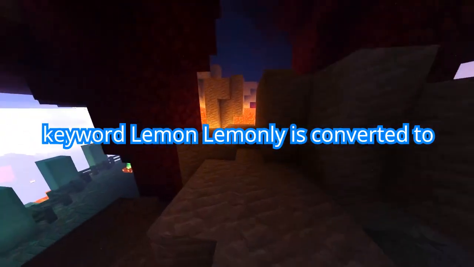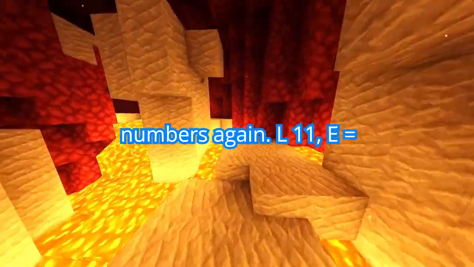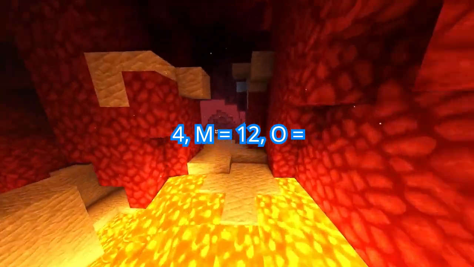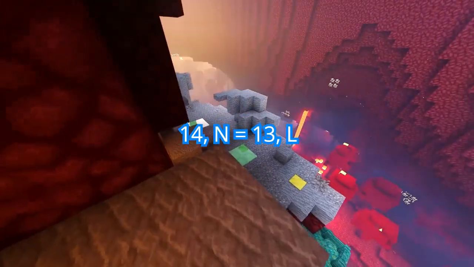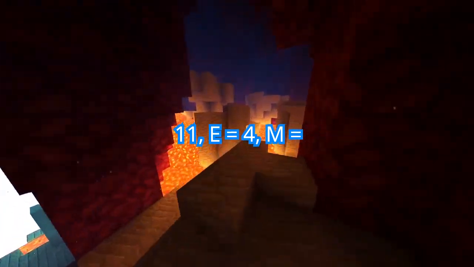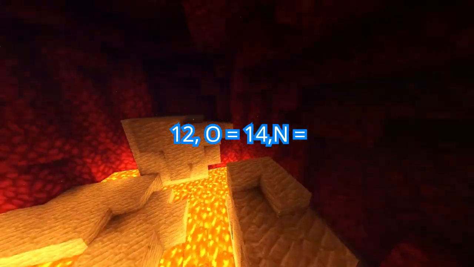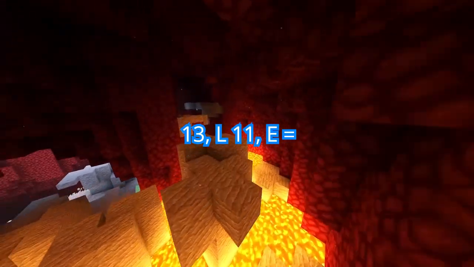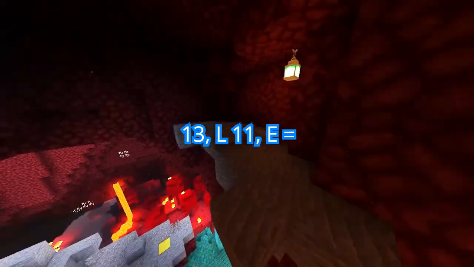The keyword lemonlemonle is converted to numbers again. L equals 11, E equals 4, M equals 12, O equals 14, N equals 13, L equals 11, E equals 4, M equals 12, O equals 14, N equals 13, L equals 11, E equals 4.